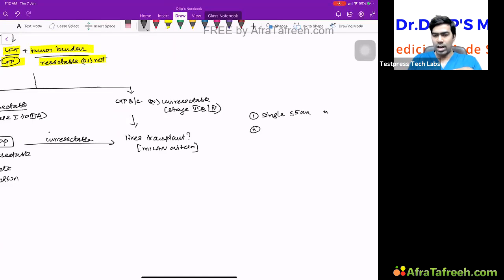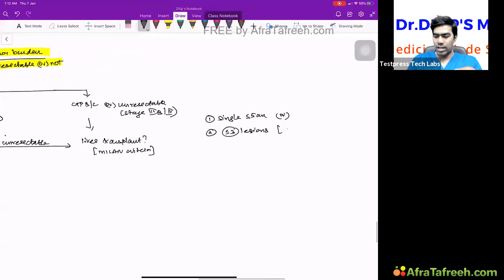or alternatively, you have up to 3 lesions, but the largest lesion, or all of the lesions, should be less than 3 centimeter. So you can have 3 lesions, all less than 3 centimeter, or you can say the largest lesion should be less than 3 centimeter.